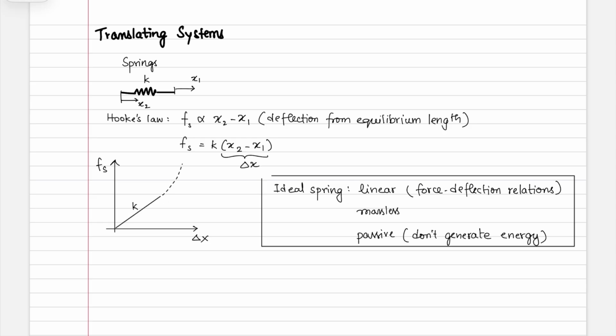On the other hand, when you are elongating, the force that your hands are resisting is going to be trying to pull your hands inward. Okay, so in essence, this force Fs is the restoring force. It is proportional to the relative deflection and it tries to return the spring back to its equilibrium position.